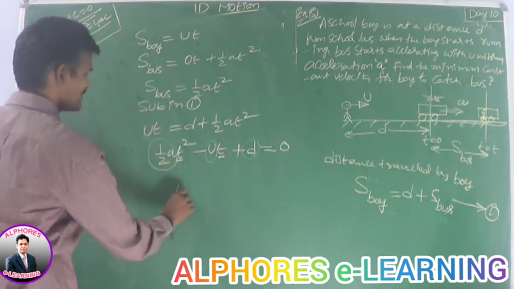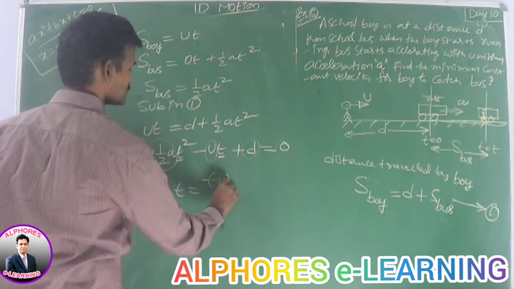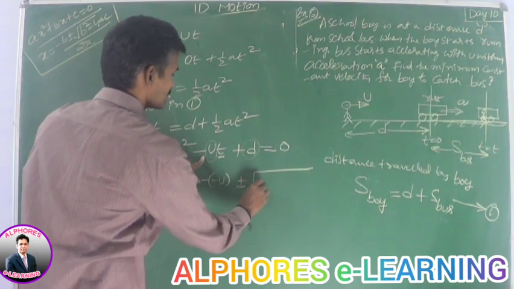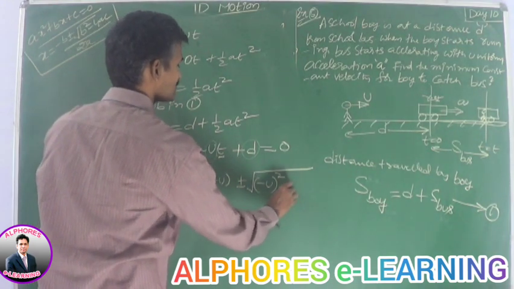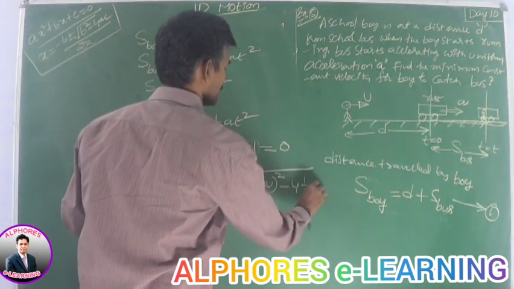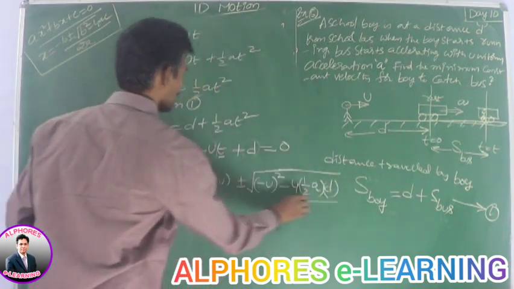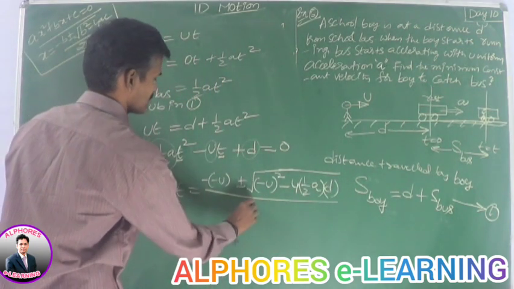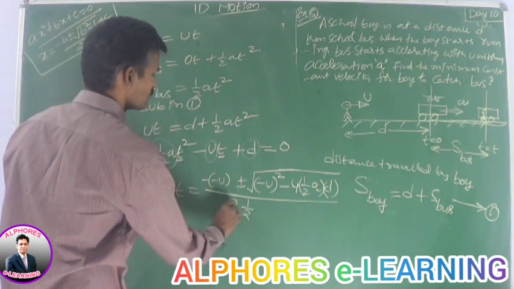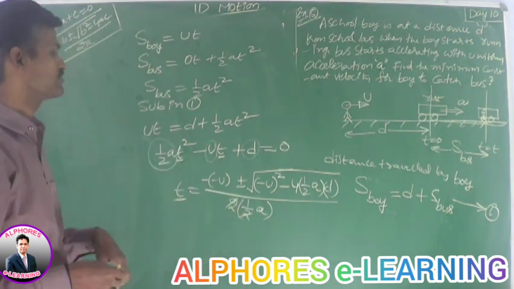So the roots of the solution: t is equal to minus b, that is minus of minus u, plus or minus root of b square, that is minus u whole square, minus 4ac, where a is half a and c is d, all by 2a, that is 2a into half a. Are you following? These two get cancelled. This is the time taken by the boy to catch the bus.